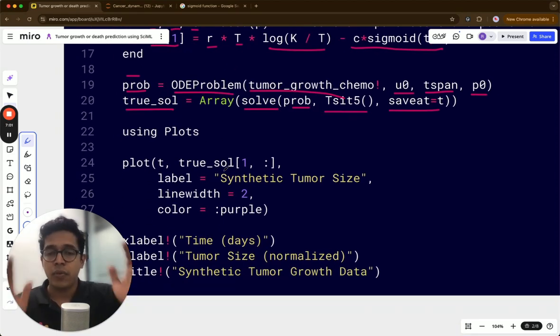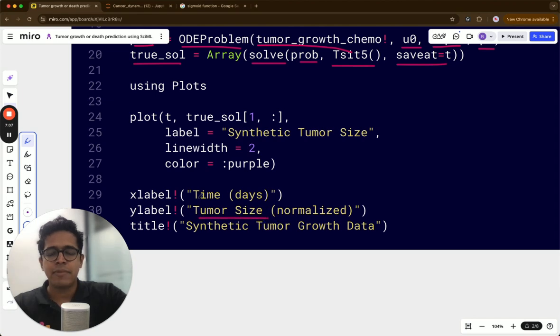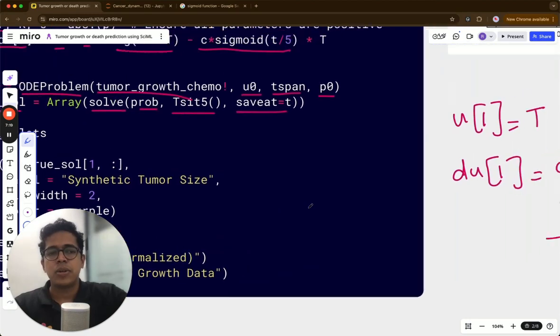Now we have our ground truth data ready. We can plot it to get the tumor size as a function of time. This tumor size is in presence of growth plus the shrinkage due to the chemotherapy intervention. Whatever plot we get out of this will be the ground truth data. I just want to show you how the plot looks.